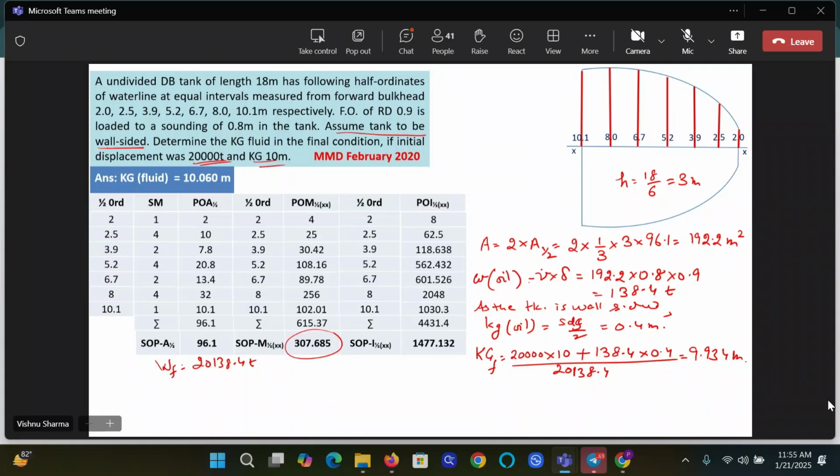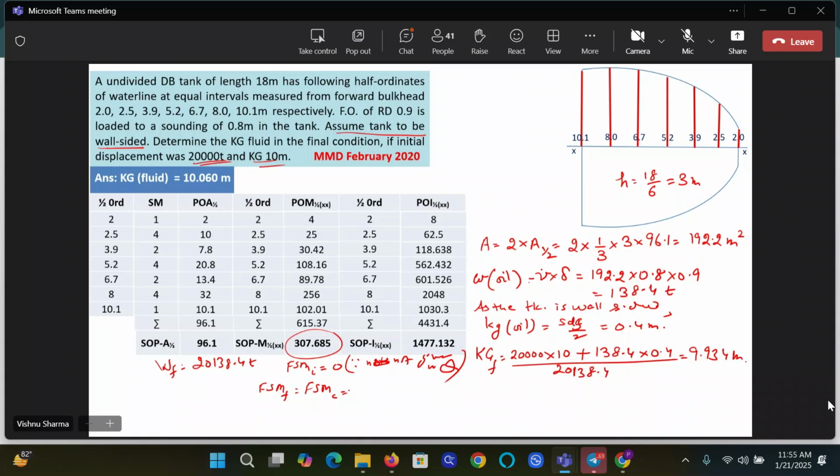Now what do we need? We need FSC. There is no indication of the initial FSM. FSM initial is 0, because nothing is given in the question. Right? Final FSM will be equal to FSM caused then. What will be the FSM caused?